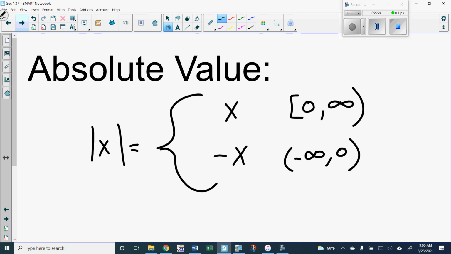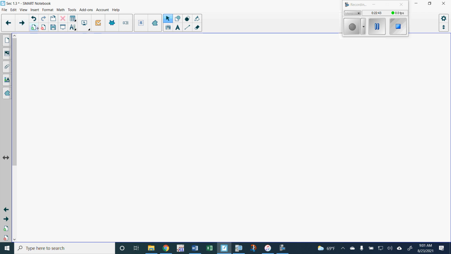So you've done that before. You did this in algebra when you had an equation, right? You would solve that equation by saying, well, it could be the positive case, or it could be the negative case.